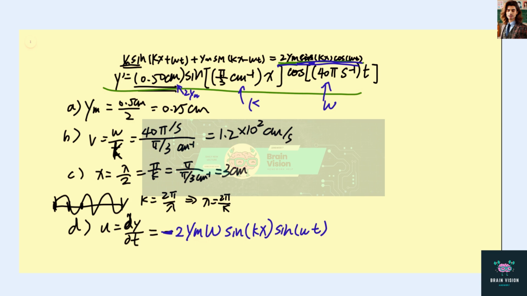That is the speed at a certain x at a certain t.